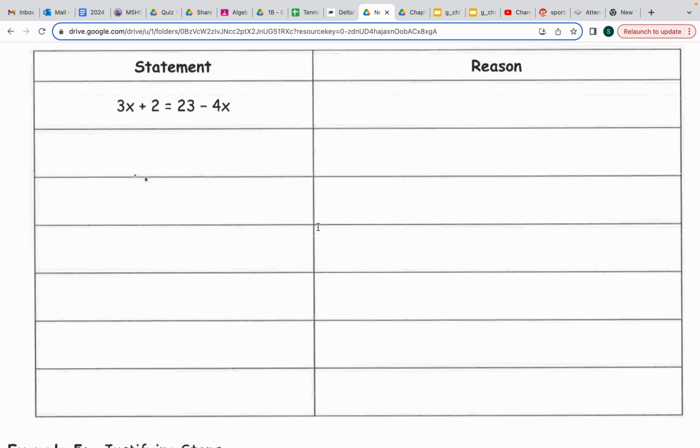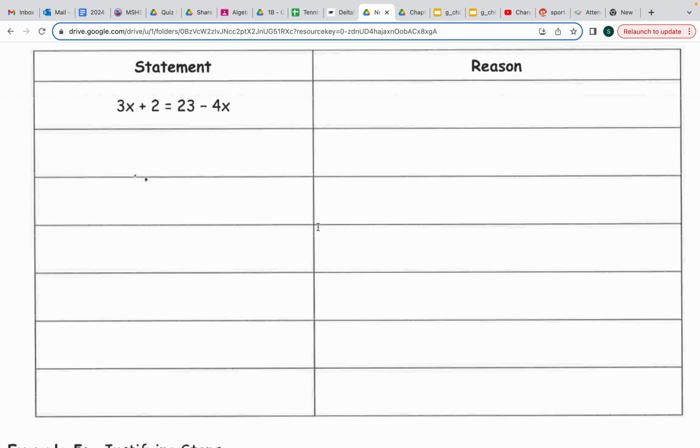What's one example of what I could do as my first step? I can subtract the 2 over. I could also add the 4 over. So it might be a little bit different, but eventually we're still going to do the same thing. So I'm going to add the 4 over first. I'm just going to put plus 4x, so that gives me 7x plus 2 equals 23.